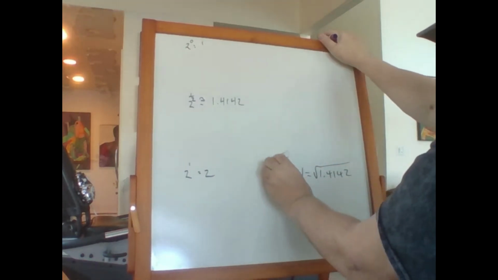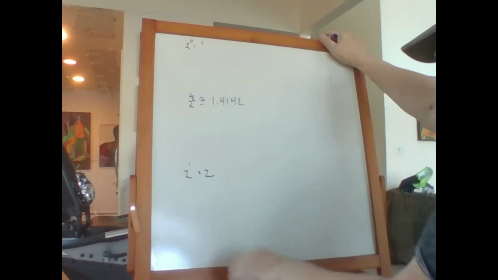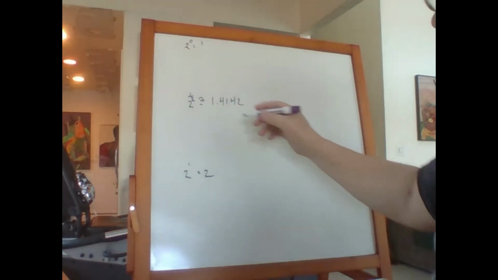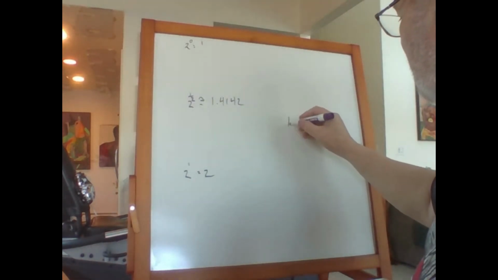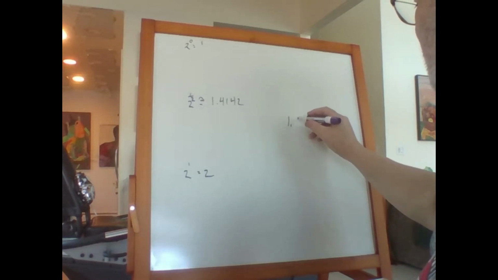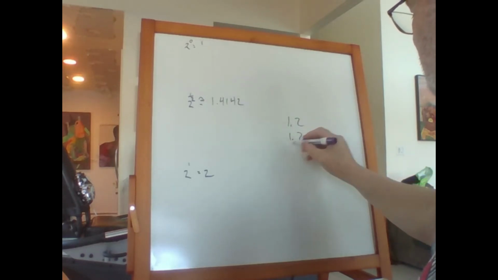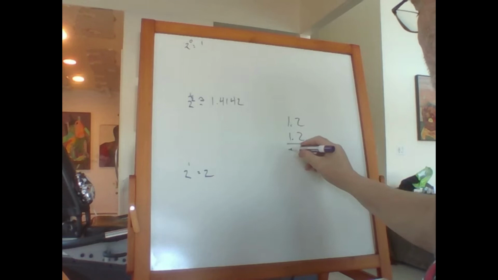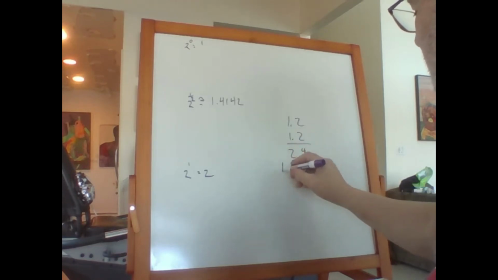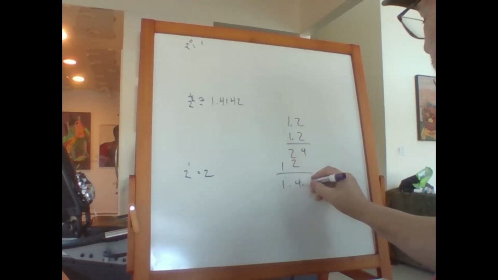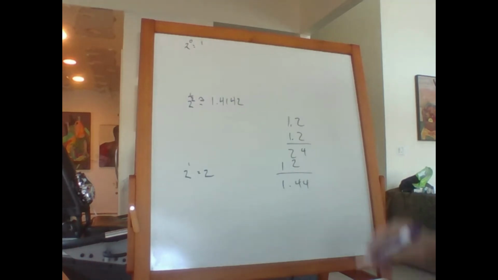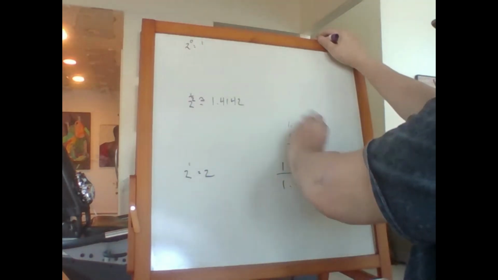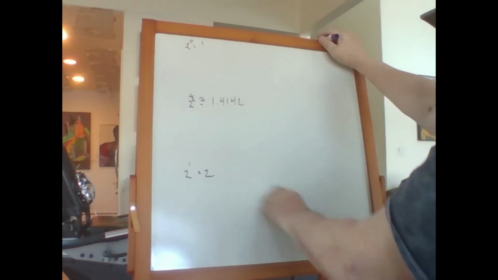And so we're looking for a number. Let's say 1.2. 1.2 squared is 1.44. Well, that's too big. So 1.2 isn't our number.